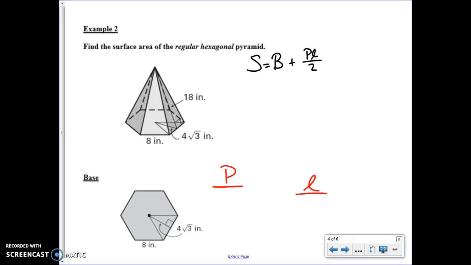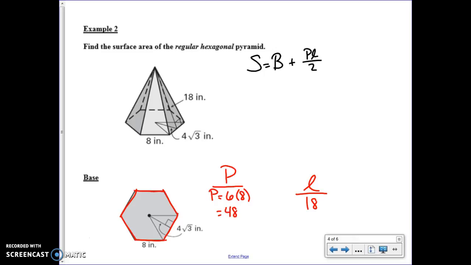Slant height is given to us again, it's 18. Perimeter, well I notice over here, they were kind and gave us an overhead shot of just the base. I have a hexagon here, all with 8 sides, so 6 times 8 is 48.